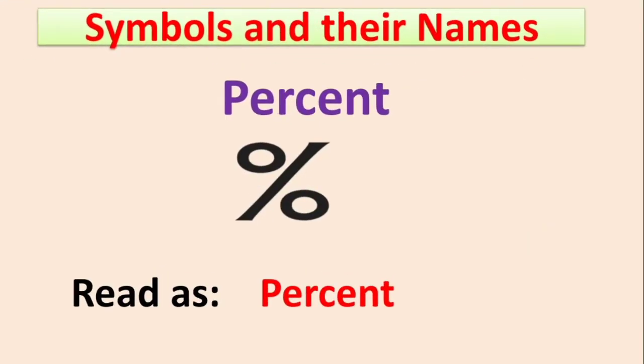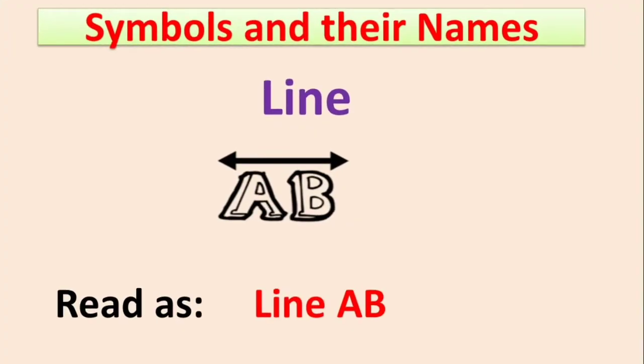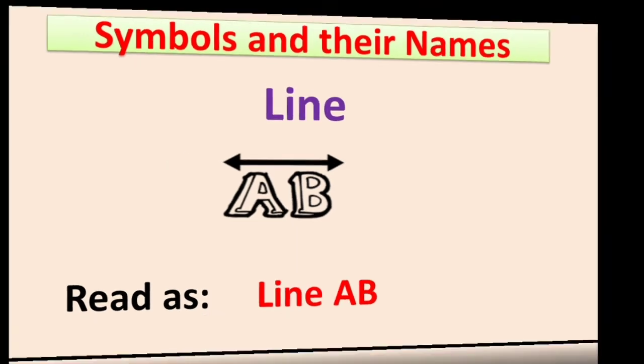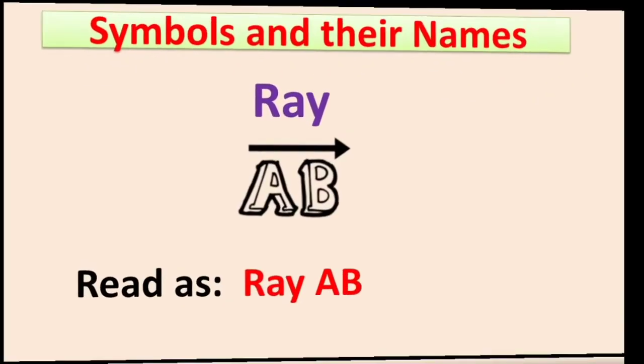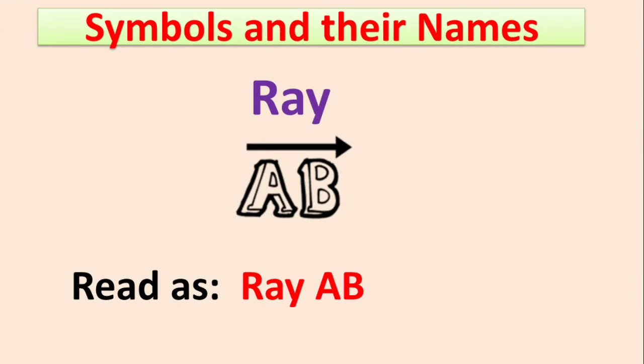Then after that, this is the symbol of percentage or percent. Then after that, this is the symbol that shows the line. For example, line AB. Then after that, this is next symbol of line segment. Then after that, this symbol represents ray.